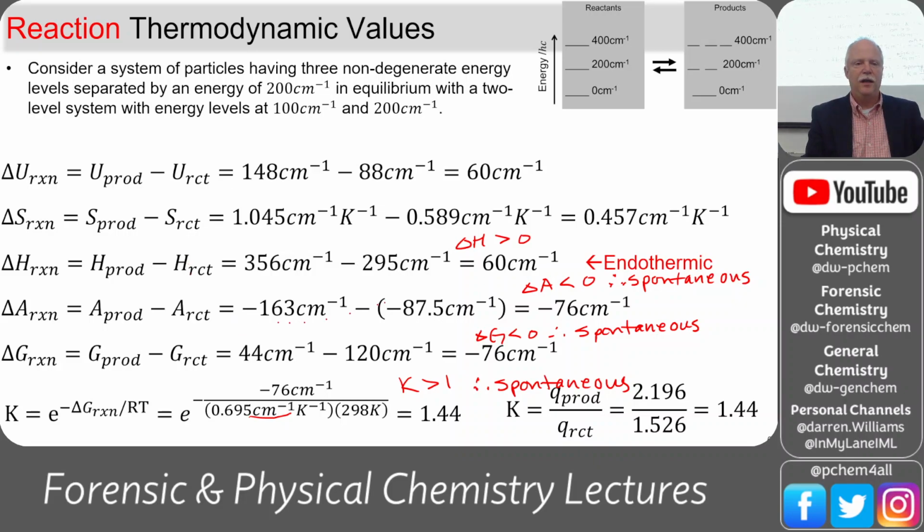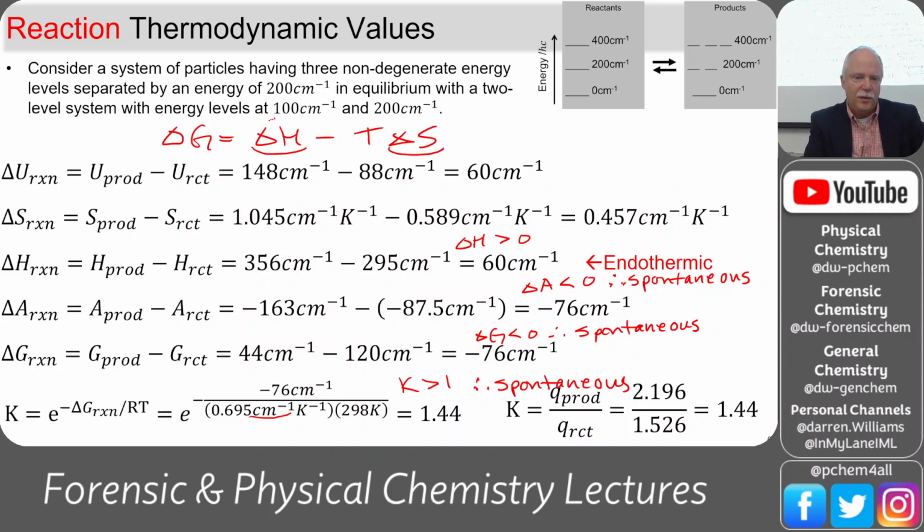If we look at the other form, you could write this as delta G is equal to delta H minus T delta S. You could calculate it that way. And you see it's this competition between the change in entropy and the change in enthalpy.